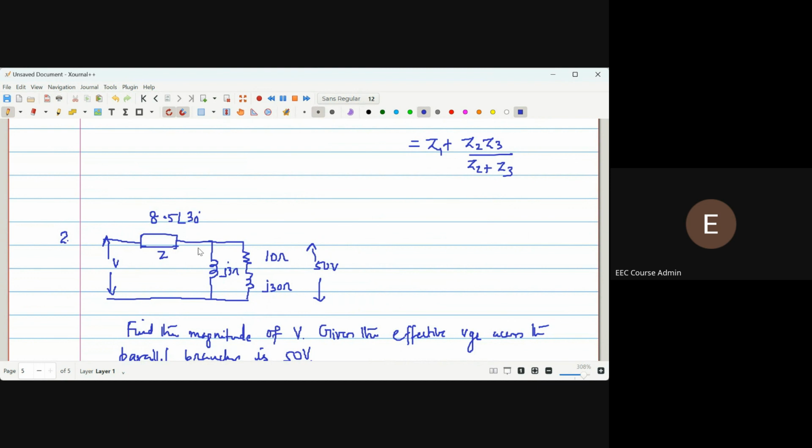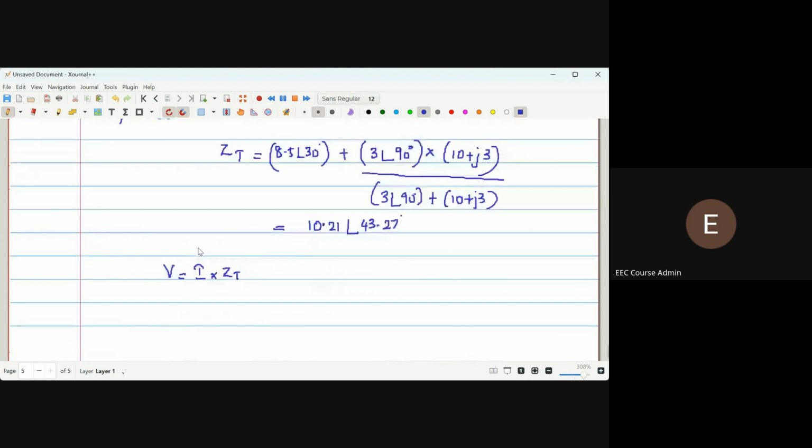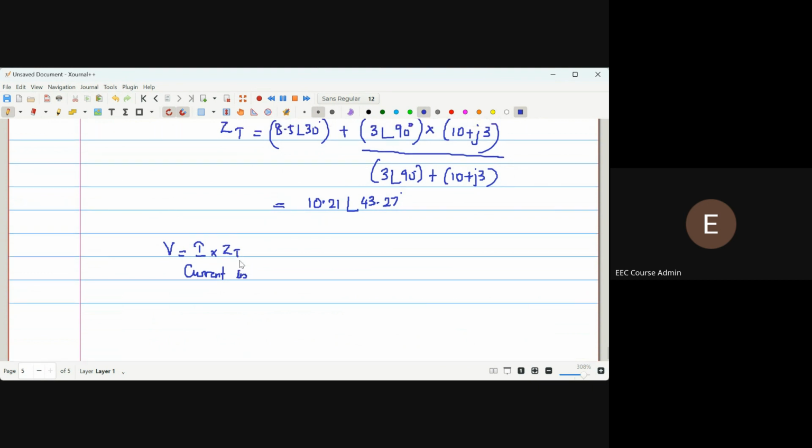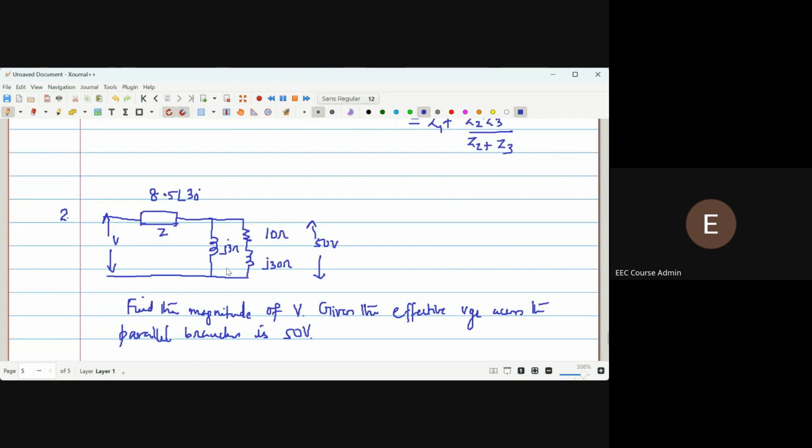We can calculate this I from the given data. 50 volt is being given across this parallel branch. Since we know the voltage across the parallel branch, we can calculate the currents flowing in each of these parallel branches, and the sum of those currents will be the total current, this I. Correct?